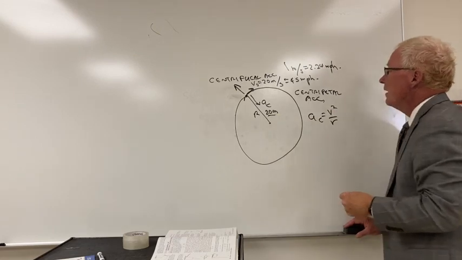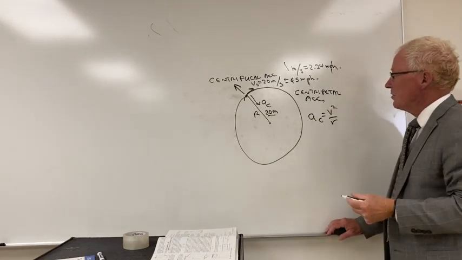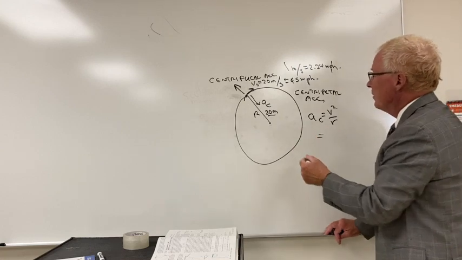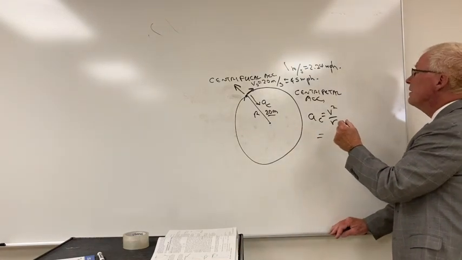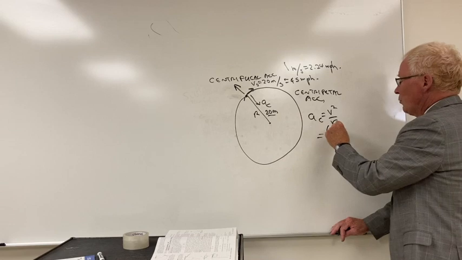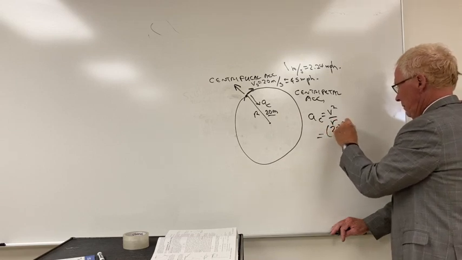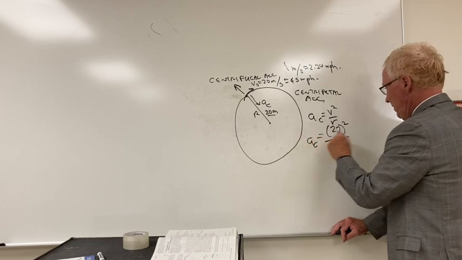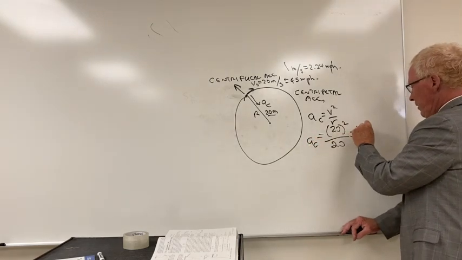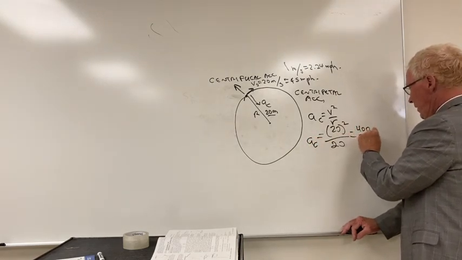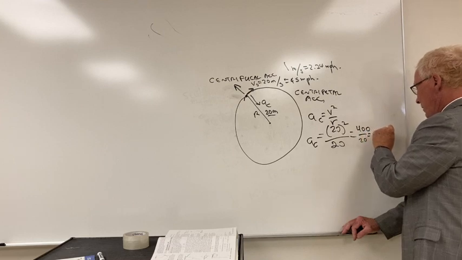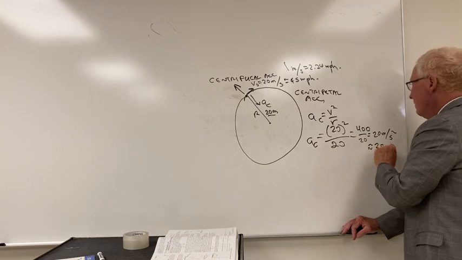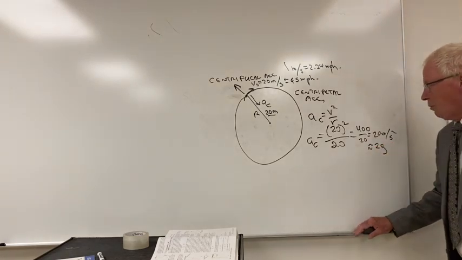So if we're going in a circle of 20 meters radius, what would be the centripetal acceleration? Well, a_c would be 20 squared over 20, which would be 400 over 20, which is 20 meters per second squared, about 2g. So that's actually a very strong acceleration.